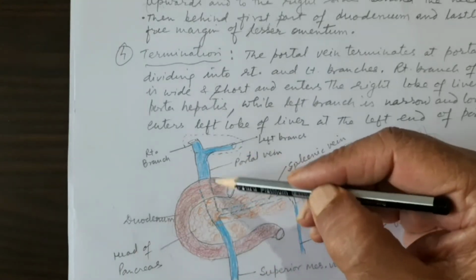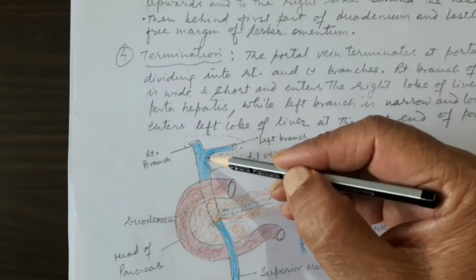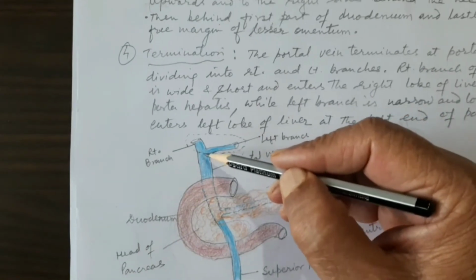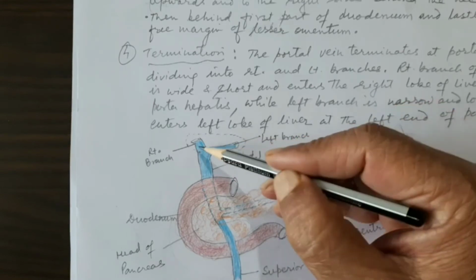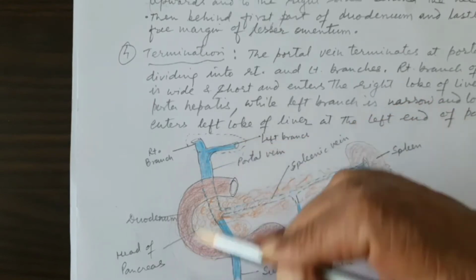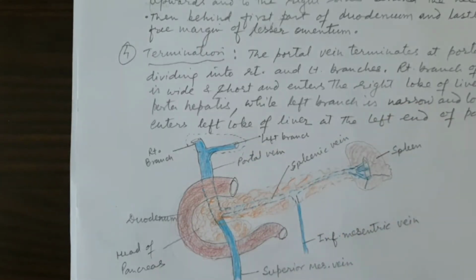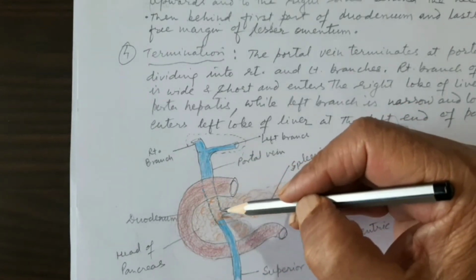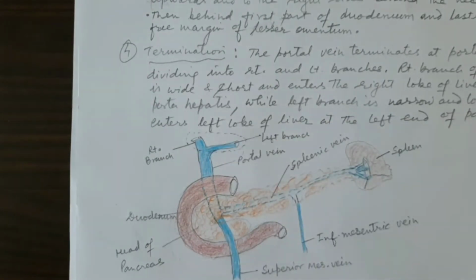So this is that part of the portal vein, and as it reaches the porta hepatis, at the right margin of the porta hepatis, it will divide into two branches, the right branch and the left branch of the portal vein. So this is the course right from its formation to its termination into the right branch and the left branch.